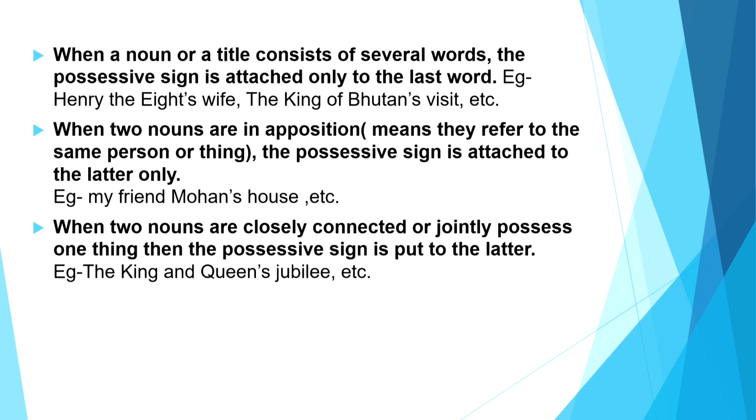Now, moving on, when a noun or a title consists of several words, the possessive sign is attached only to the last word. For example, in the sentence Henry VIII's wife, we will not add an apostrophe after Henry.